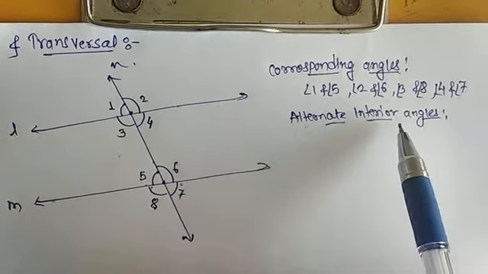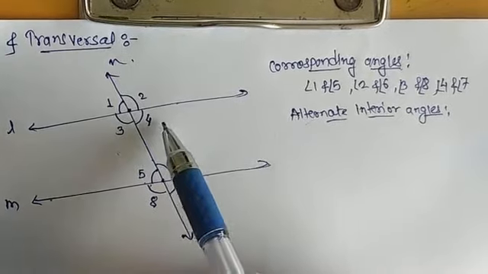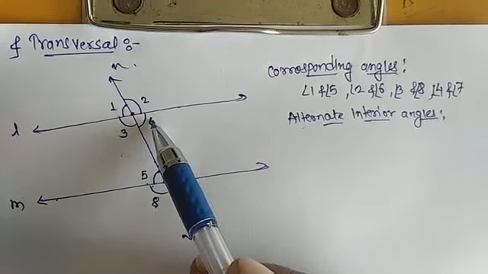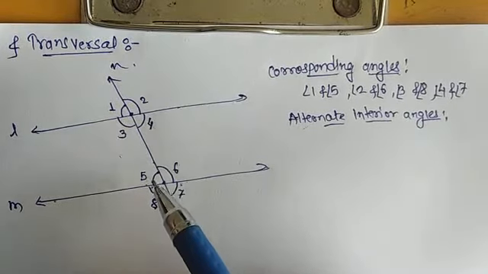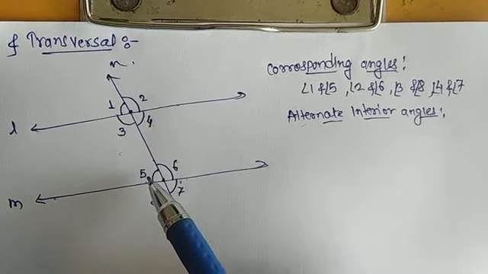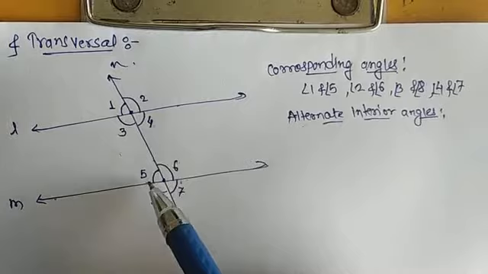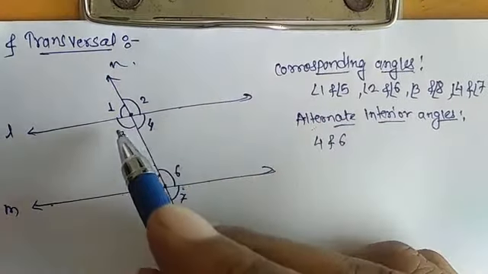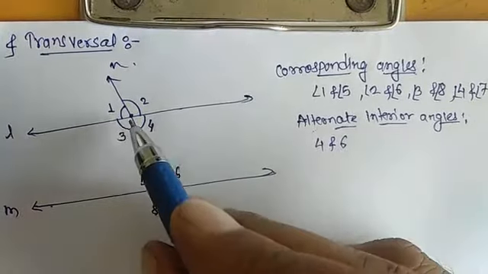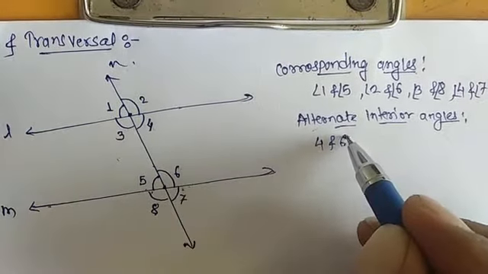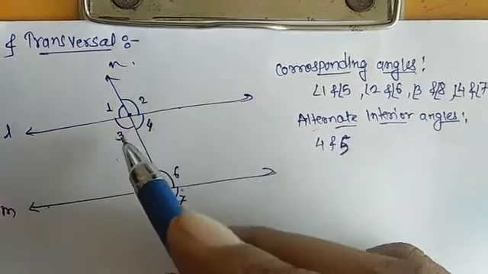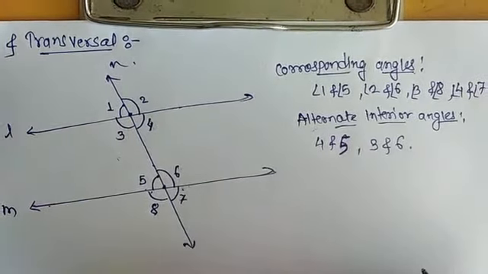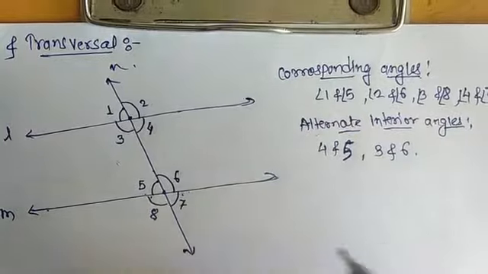To find alternate interior angles, if I consider 4, its alternate should be present on the opposite side of it. So 4 and 6 are alternate interior angles, and 3 and 5 are alternate interior angles.